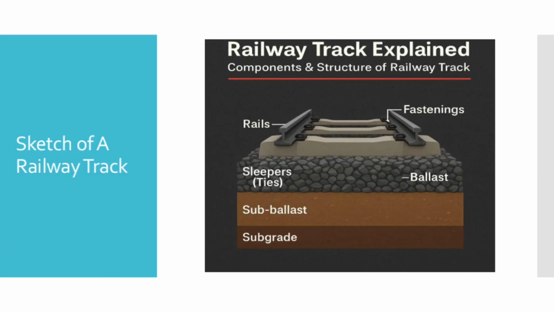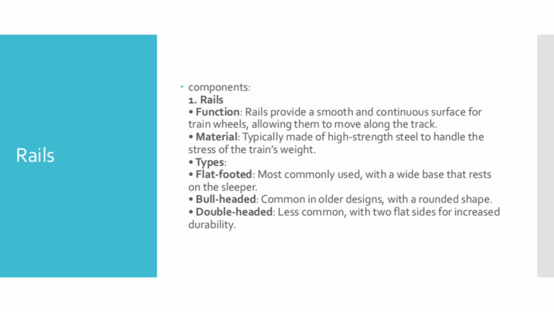Now let us see what materials these rails are made of. These rails are made of high strength steel. You have always seen these rails in day to day life, and we can see these rails shining because they are made of high strength steel to handle the stress. Yes, friends, they can handle all the stresses of the train, all its weight, and all the load coming from the train and the passengers sitting in the train.